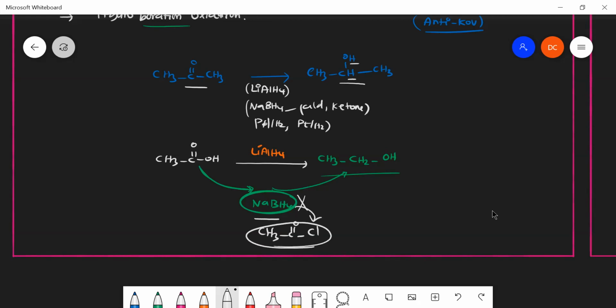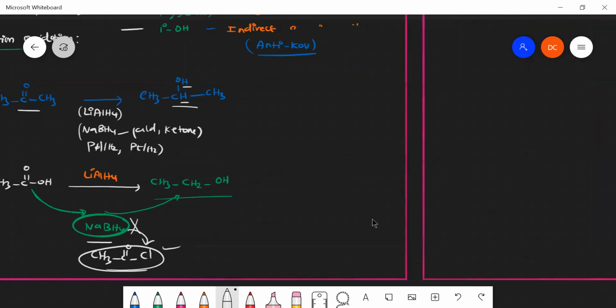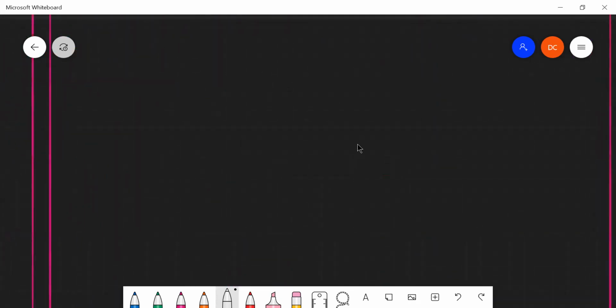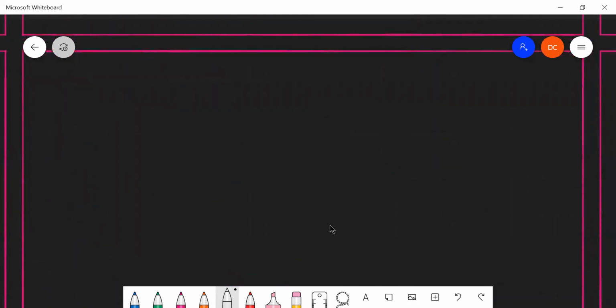For this compound we can use NaBH4, but for other compounds we can't. Okay, that's the only exception. So NaBH4 is a weak reducing agent. It can reduce only aldehydes and ketones, not carboxylic acid and its derivatives, except acyl chloride.